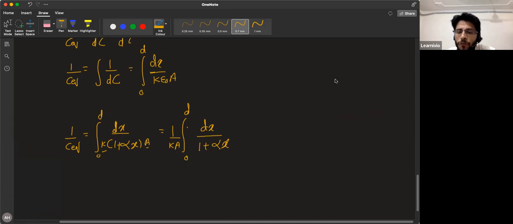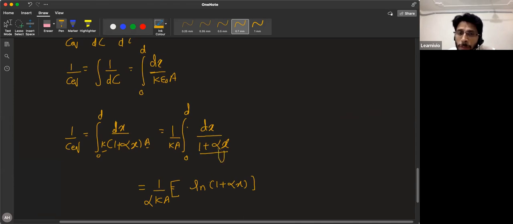Now you need the integral of 1 by 1 plus alpha x. The integral is log of 1 plus alpha x, and 1 by alpha will come outside. When you integrate 1 by x type functions, you take log.